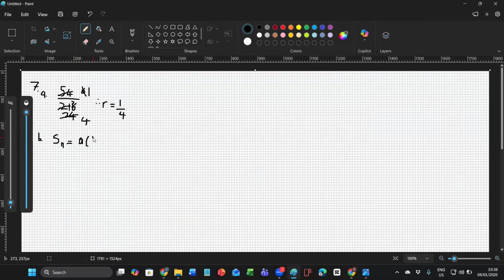Which one should come first, the 1 or r to the n? It's 1. You know why 1 should come first? Because in this case the common ratio is less than 1, raised to power n.